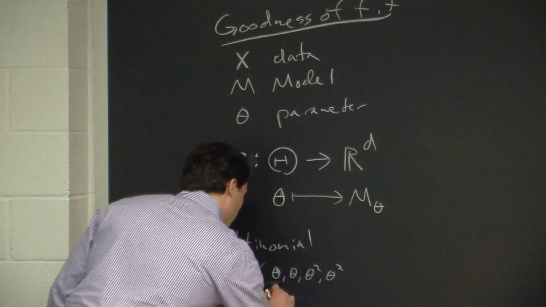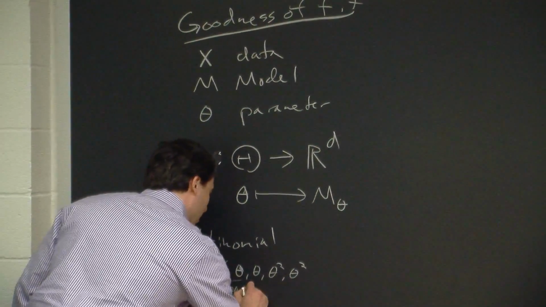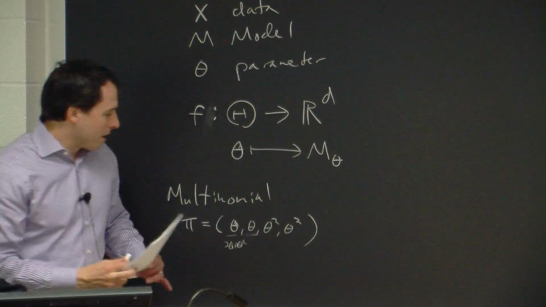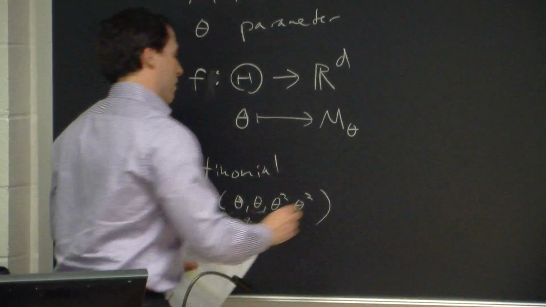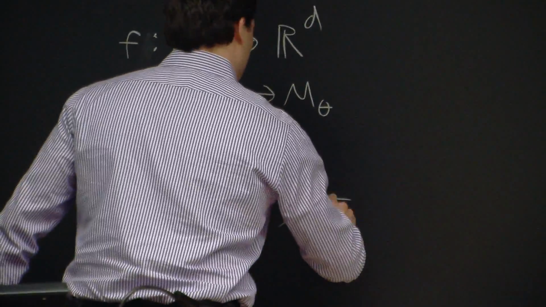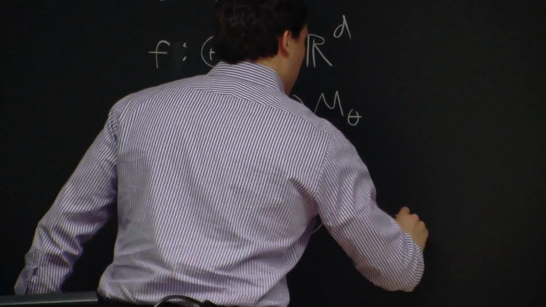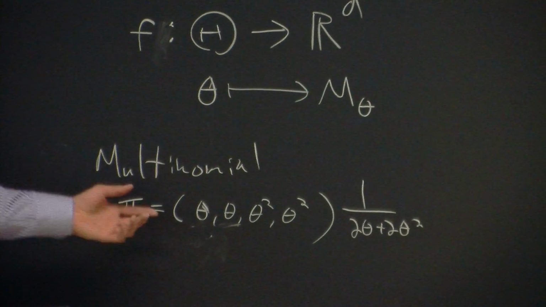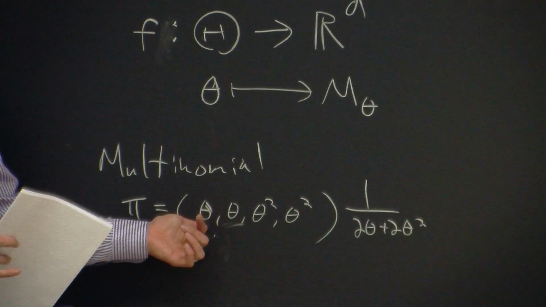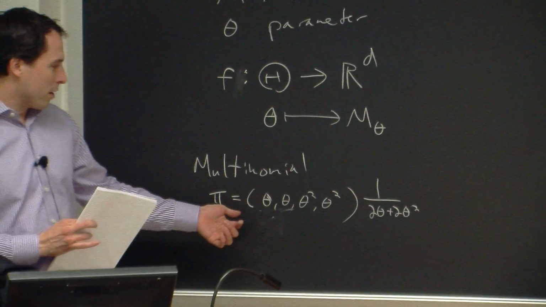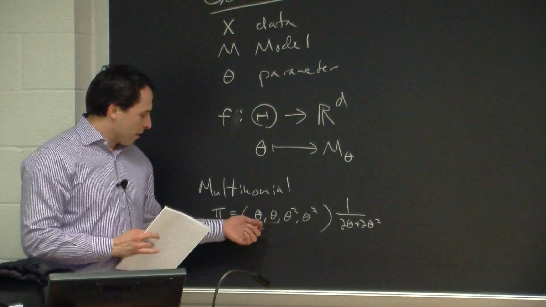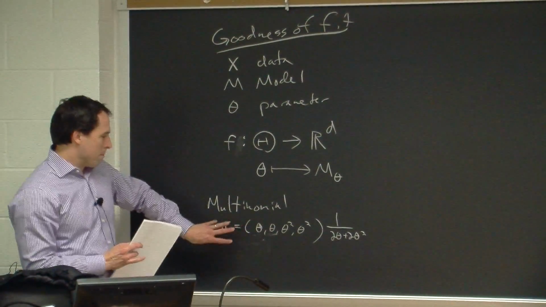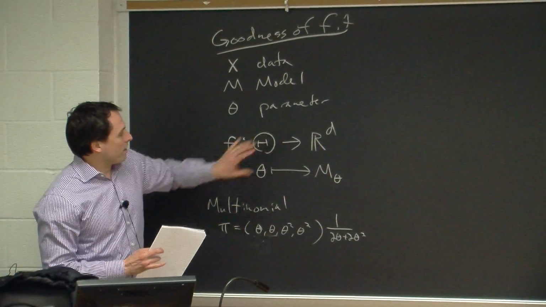And then I have to divide by 2 theta plus 2 theta squared. Right, so up to normalizing, let's multiply by 1 over 2 theta plus 2 theta squared. Okay. So in this example, each probability in the multinomial distribution is some number, and it depends on some single parameter theta. So this would be the model, and it's an image of this.